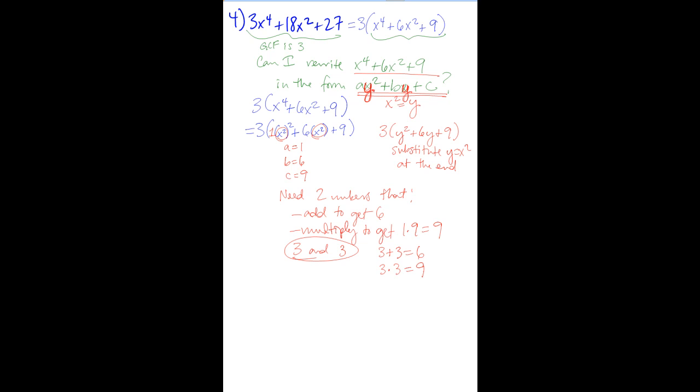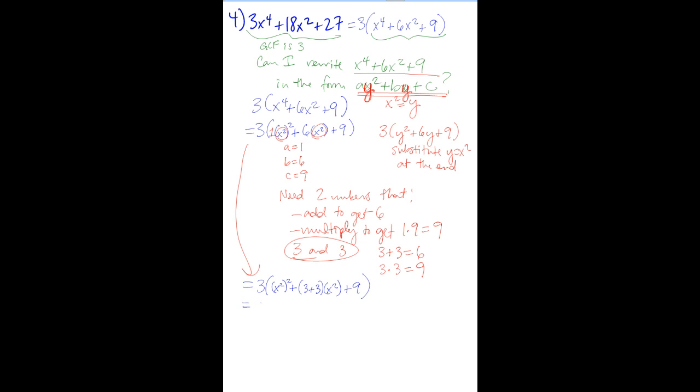So, let's rewrite this. We still have that 3 hanging out front, and then we have x squared squared plus, and that 6 can now be rewritten as 3 plus 3 times x squared plus 9.